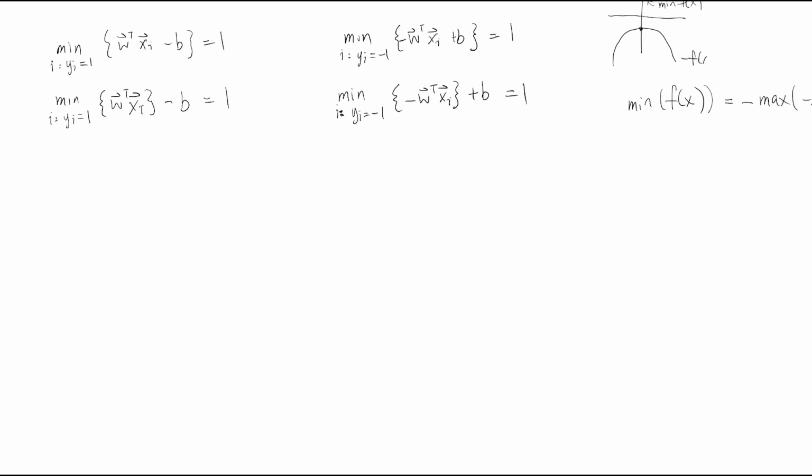At the bottom we have minus f of x, so this one would be the max of minus f of x. And if you take the minus of that, you will get back the min of f of x, right? So we're going to use this property to turn this min into a max. So it's going to be minus the max of minus the inside. They're going to be the same, so we can replace them. So we still have the plus b equals 1.